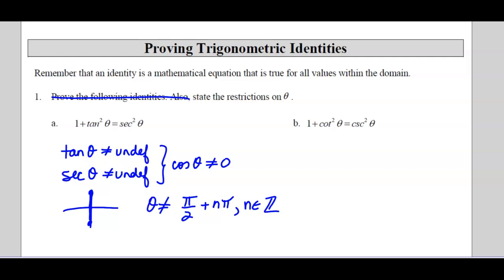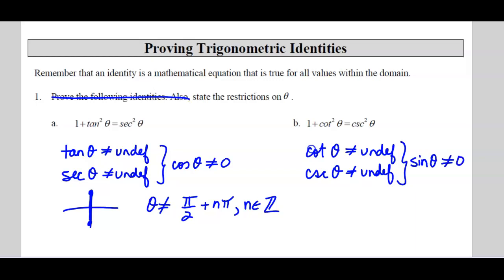Okay, so next one, same deal. We're not going to prove it. We're going to just state the restrictions. So there's no denominators, but I know that cotan, we do not want that to be undefined, and cosecant, we do not want to be undefined. So cotan is cos over sine, cosecant is 1 over sine, so that basically means sine theta cannot be 0.